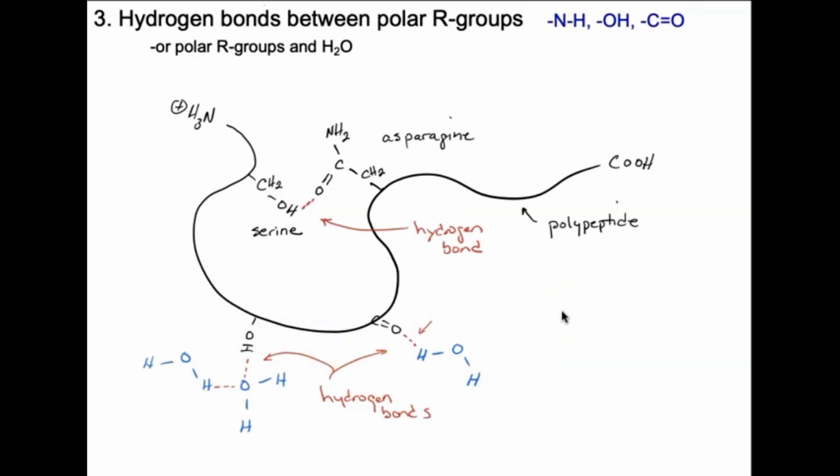You get water molecules arranging themselves around the polar and, as we'll see, the charged R groups to the outside of the protein, whereas all the more hydrophobic R groups will be to the inside, but also near the surface. And different parts of the protein will have these interactions between polar R groups that will hold certain parts of the protein together. So all these interactions are working together to form this shape.